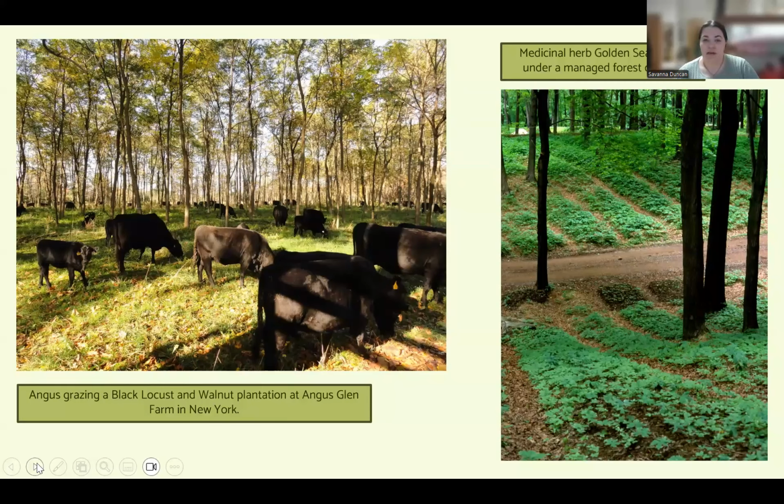This is an example of a silvopasture agroforestry production system, which we will dive into in our next slide. And then additionally on the right, we have a forest cropping system. In this image, the medicinal herb golden seal is being managed under a managed forest canopy.